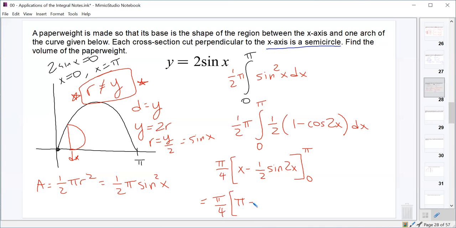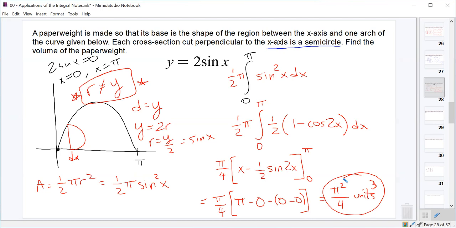And we know the sine of 2 pi is 0, so that's pi minus 0. And then when we plug 0 into this, we get 0 minus 0. So effectively, our final answer is pi squared over 4 units cubed.